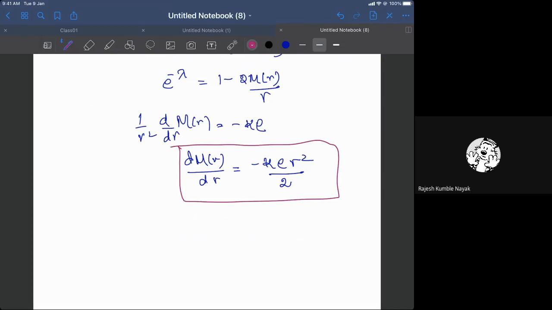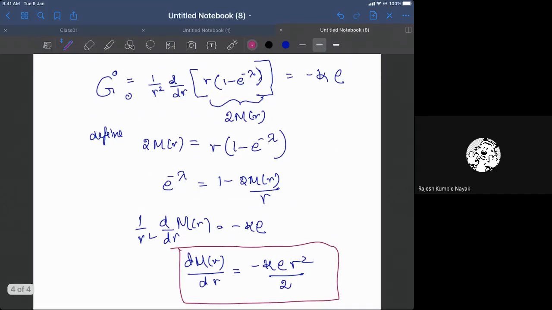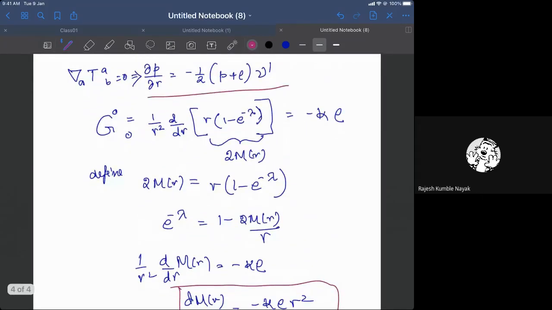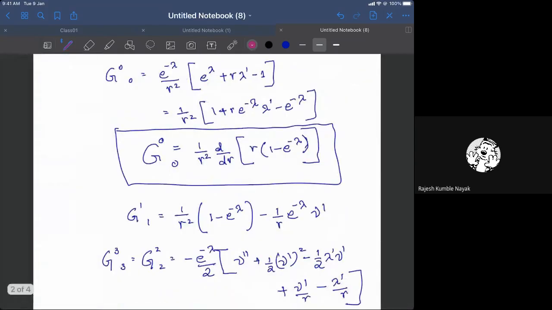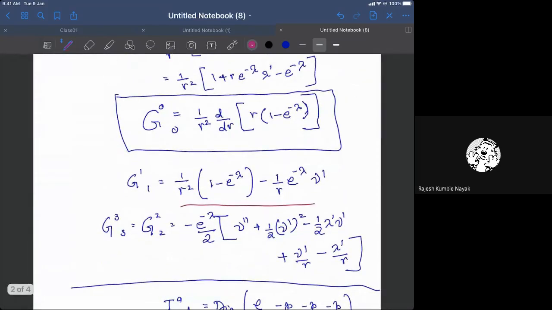Now let us look at the second Einstein's equation. So this has to come from combining this with this equation. Okay, you got to combine these two equations, then you would get the expression for nu.